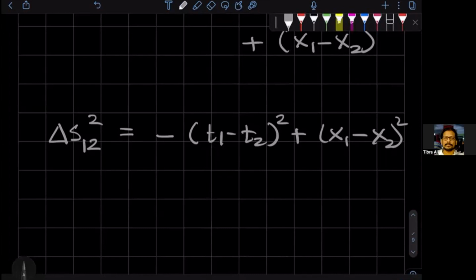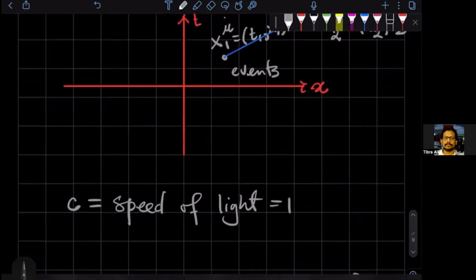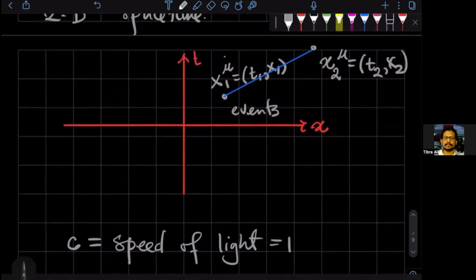Okay, so I have defined a weird measure between any 2 points on my space. A space with such a notion of distance is called a Minkowski space.